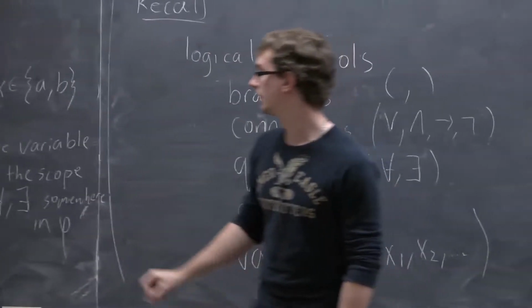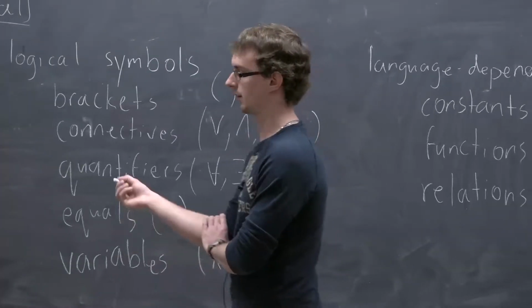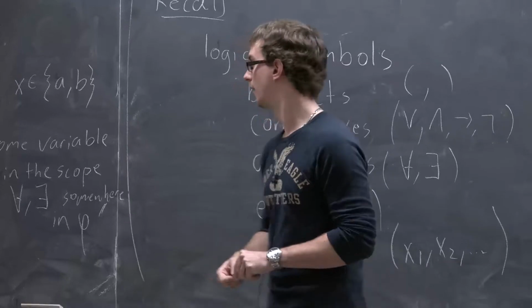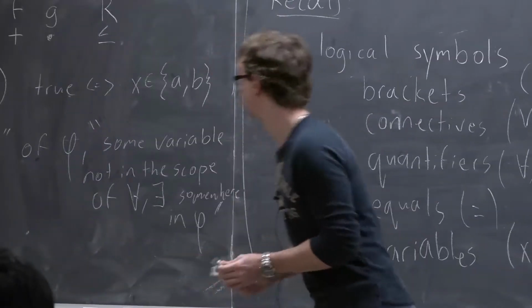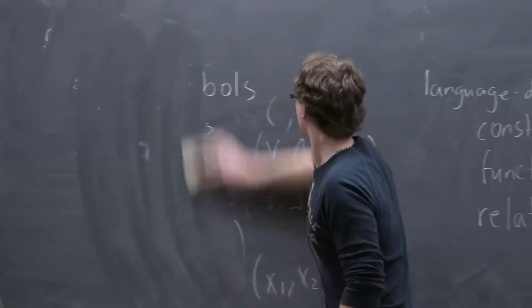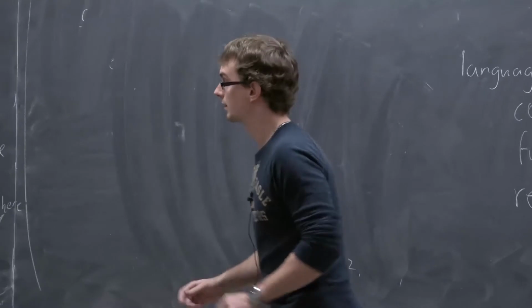So that's kind of an informal definition, right? But last class we actually gave a formal definition of it, and it was recursive. So you can refer to that if you so please. It's maybe more informative to just go through some examples.